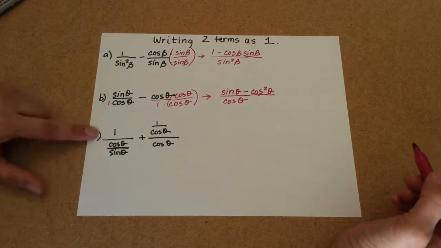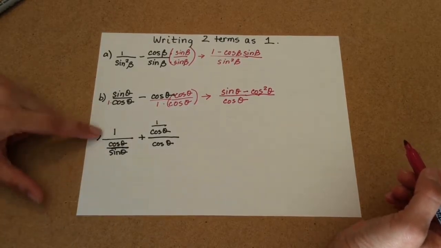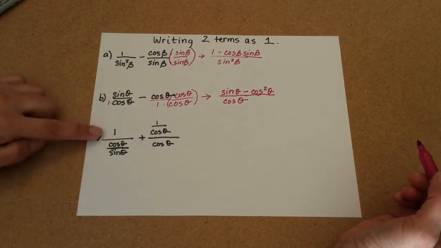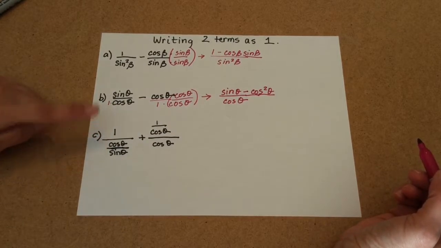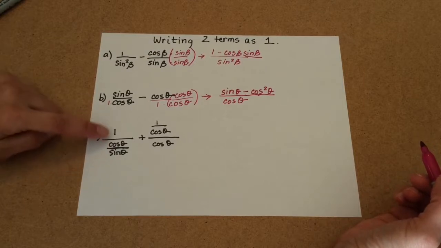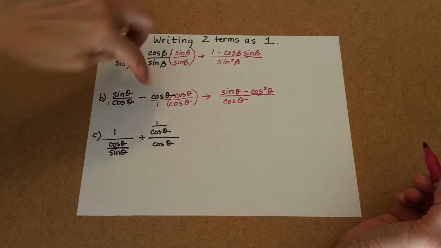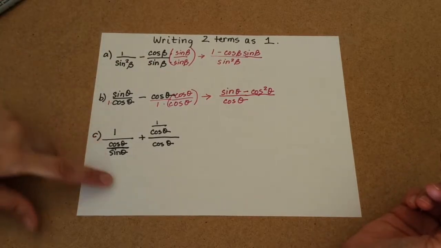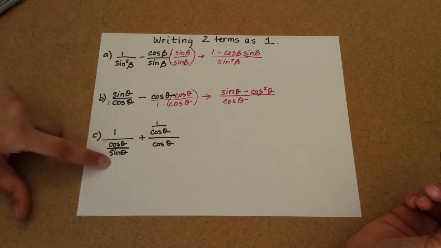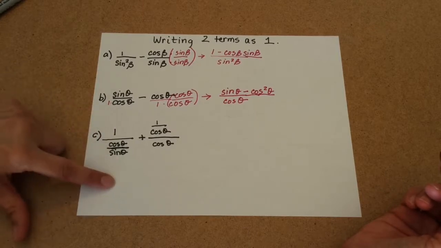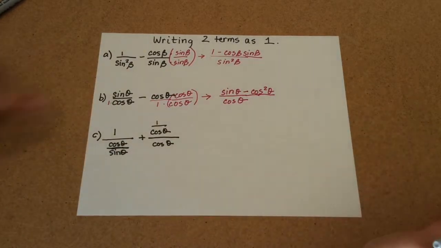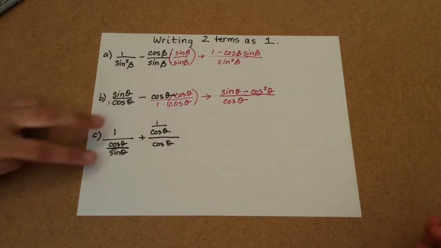All right, last one here is a little more complicated because they're complex fractions that you're trying to add. So my suggestion here is to simplify each complex fraction first and then go through the process of adding them. So the first thing I'm going to do is just work down here and simplify this down to a single term, simplify this down to a single term, and then I'll work the problem as I've done these others.